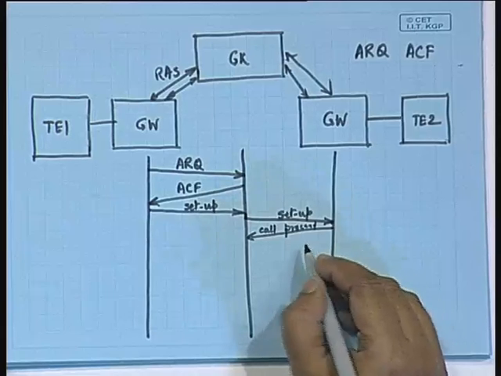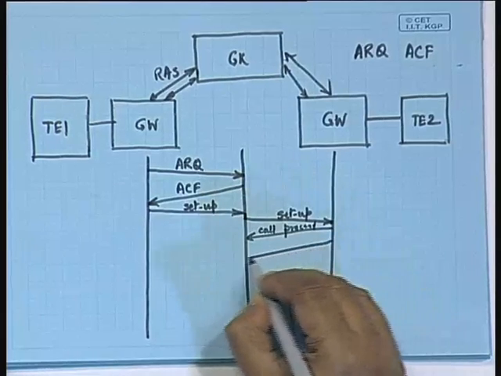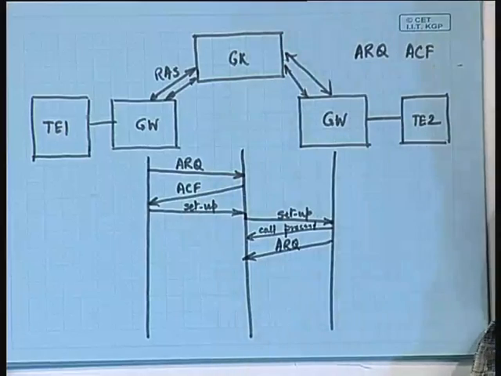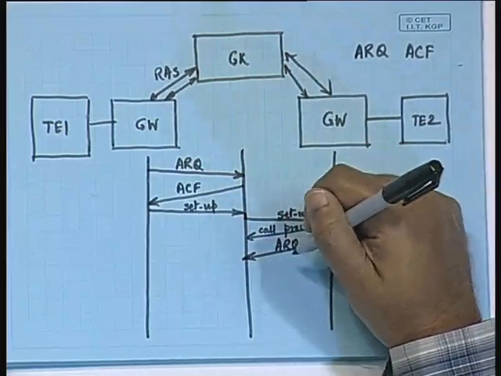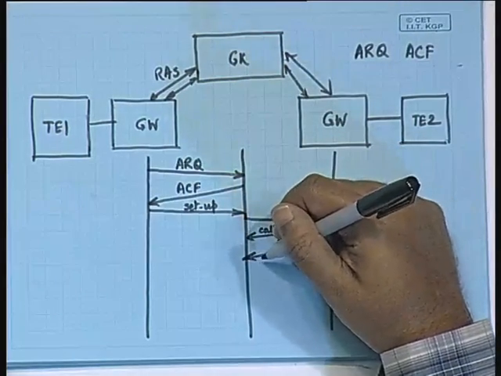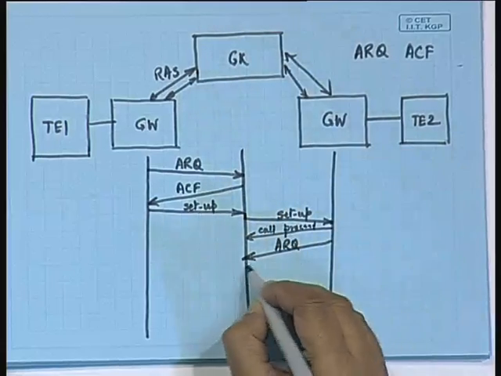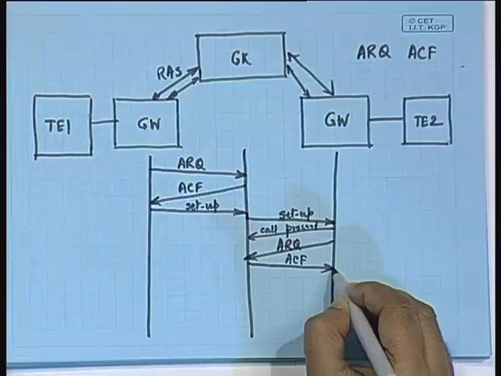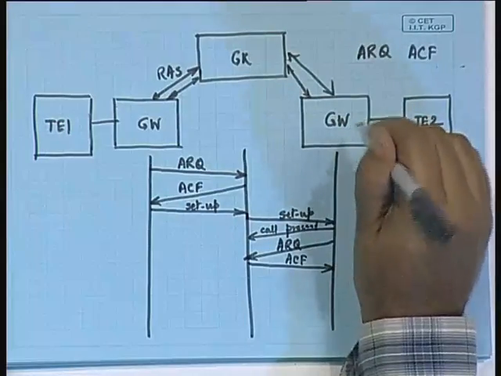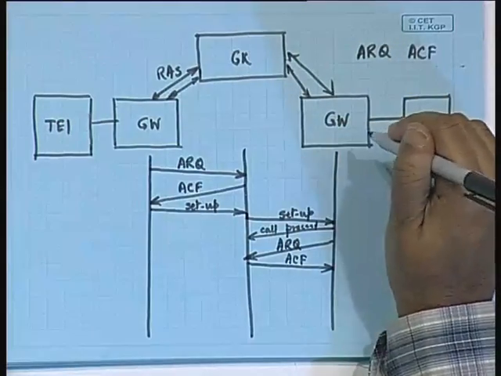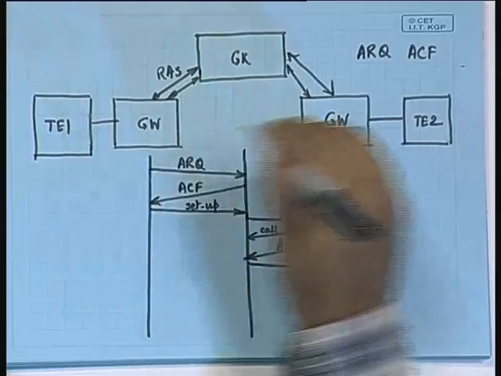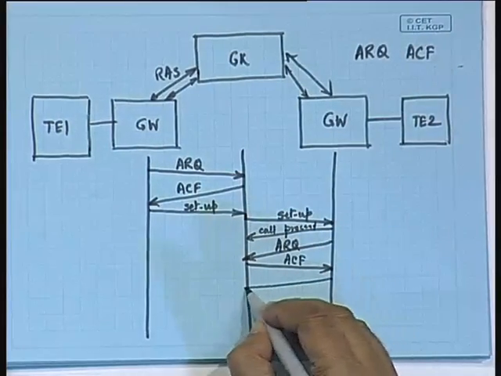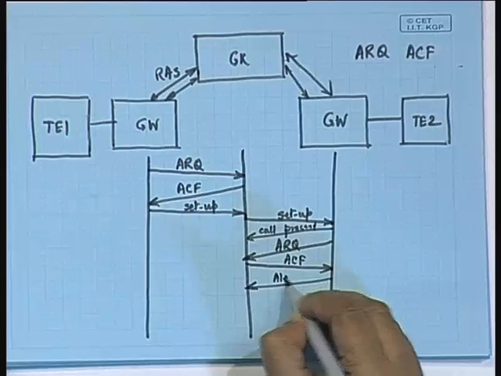So, no problem, but the gateway has to send an ARQ. The gateway has to send an admission request to the gatekeeper, and in response to that there will be an admission confirmation. Now, the source is registered, and the destination is also registered. So, now the alerting or the ringing takes place.